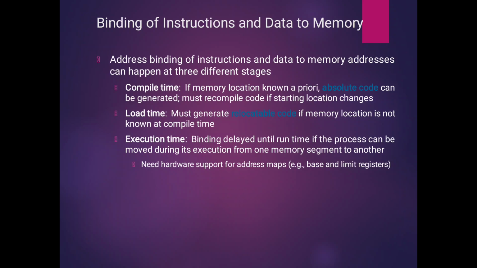Binding of instructions and data to memory. Address binding of instructions and data to memory addresses can happen at three different stages: compile time, load time, and execution time. If the memory location is known a priori, absolute code can be generated.